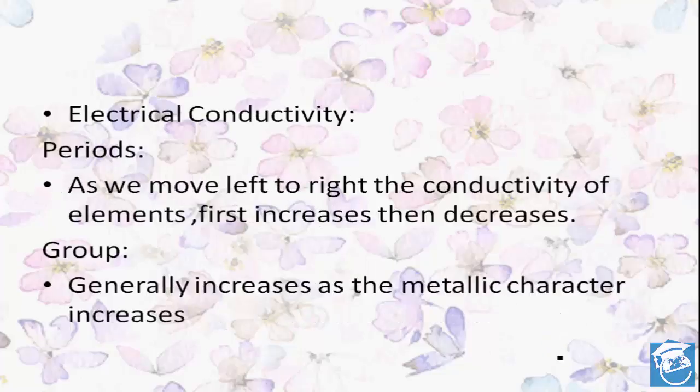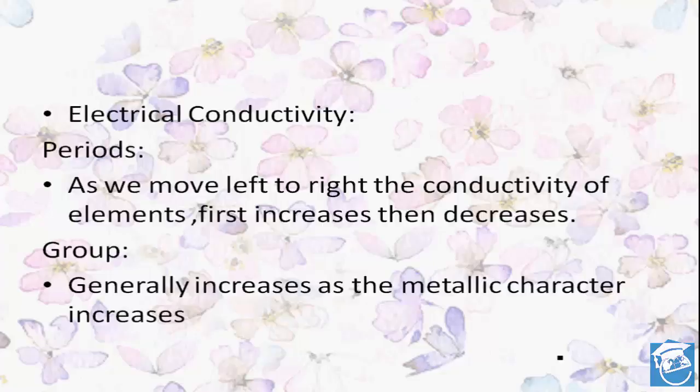Also, the electrical conductivity, in the periods, when we move from left to right, first increases, then decreases. And in a group, it generally increases as the metallic character increases, but we have some exceptions also.